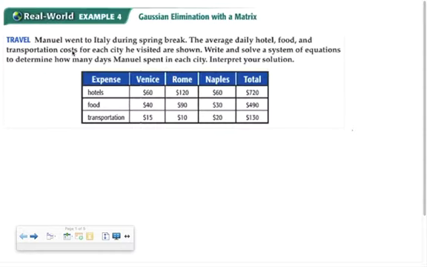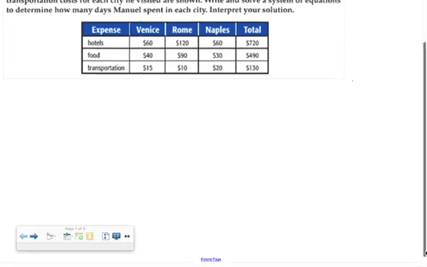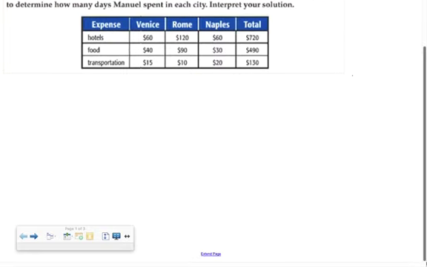In this example, we're given a table displaying some data about Manuel's trip to Italy. And what we're trying to find is how many days he spent in each city. So first thing I'm going to do is arrange this data in a matrix.